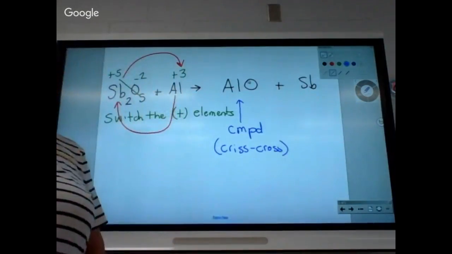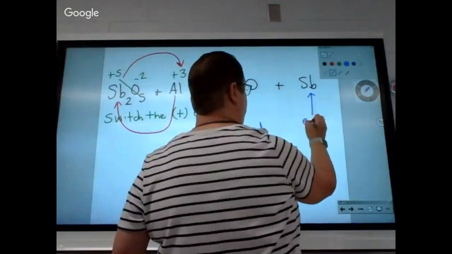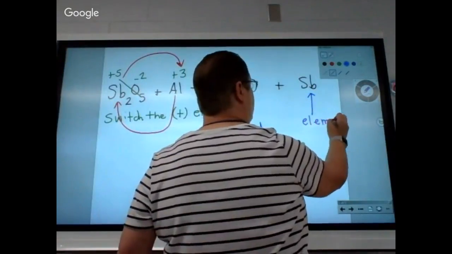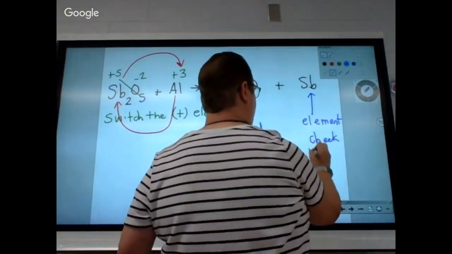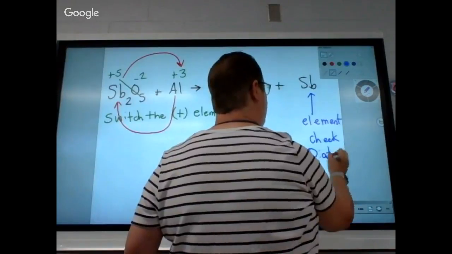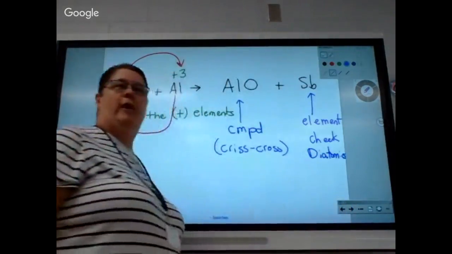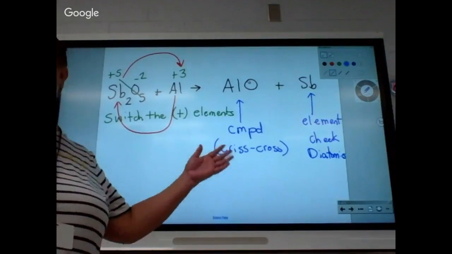All right. If it's an element, you do what? Exactly. You check diatomics. Sometimes the answer will be yes, it is, and you'll add a 2. And sometimes the answer will be no, it's not, and you will do what? Leave it alone. You'll do nothing.